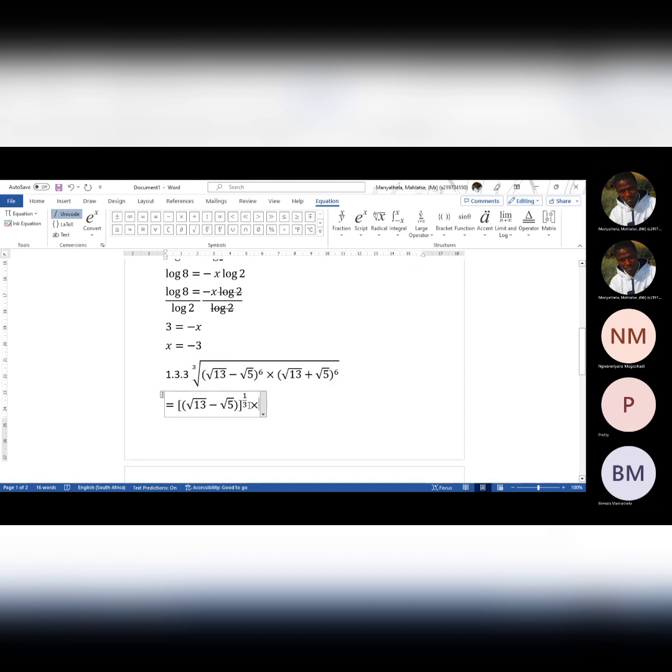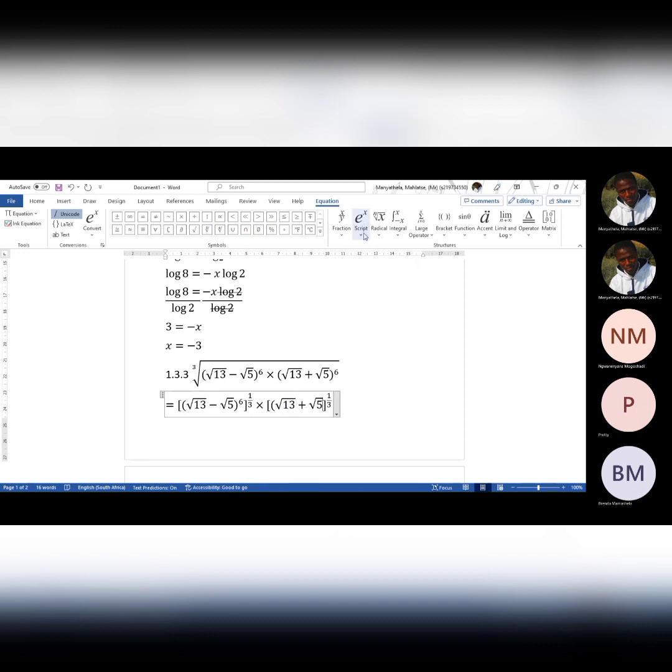We must not change anything on the equation.